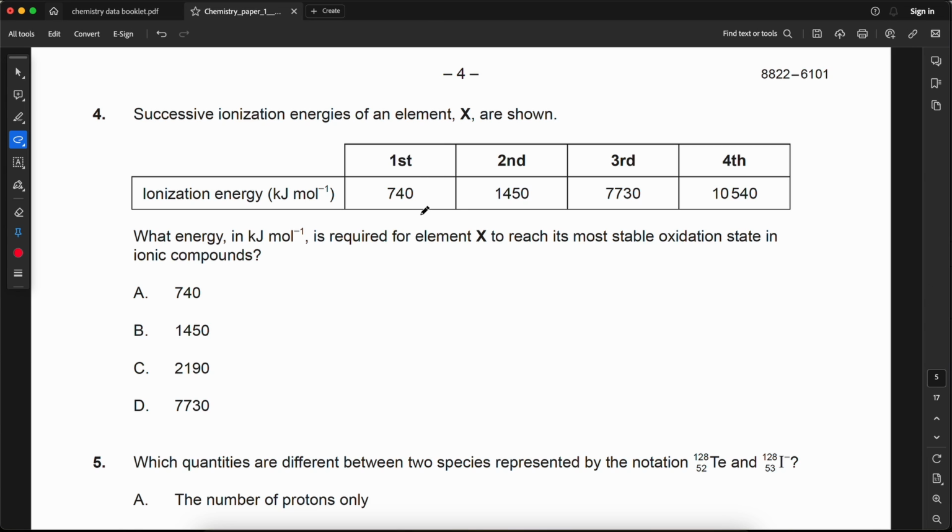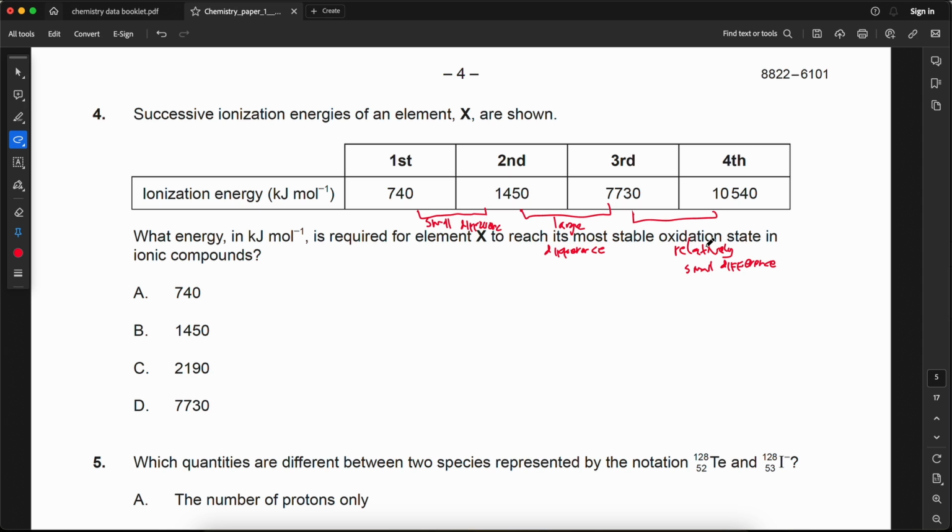Okay, so we'll see here there is a small difference, and then we see here there is a large difference, and then here there is a relatively small difference.